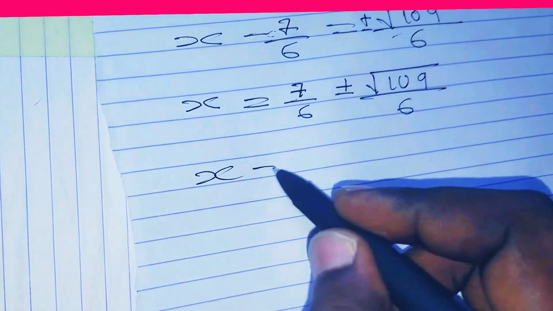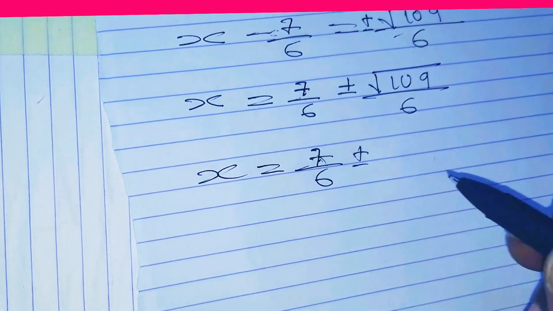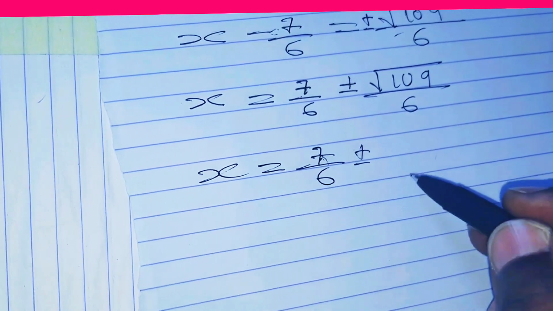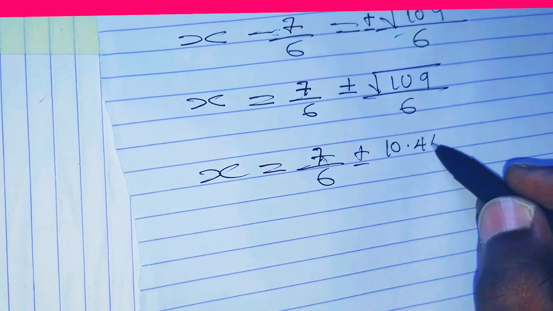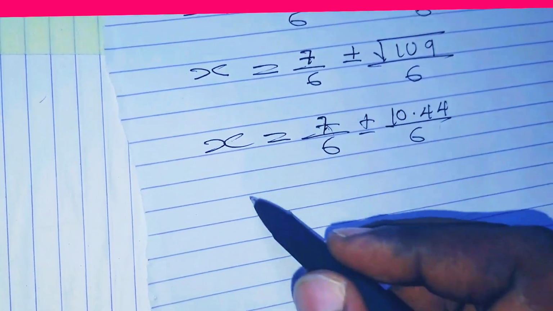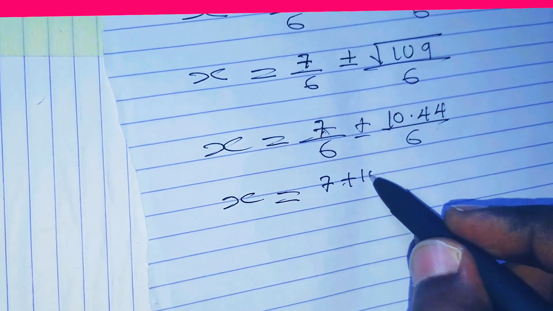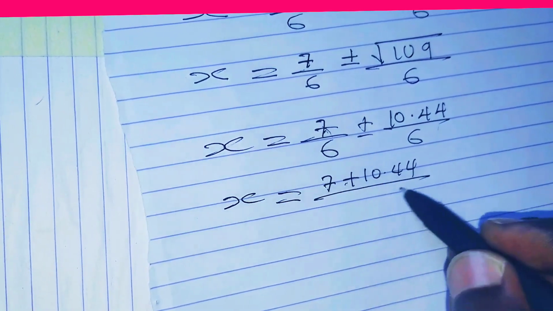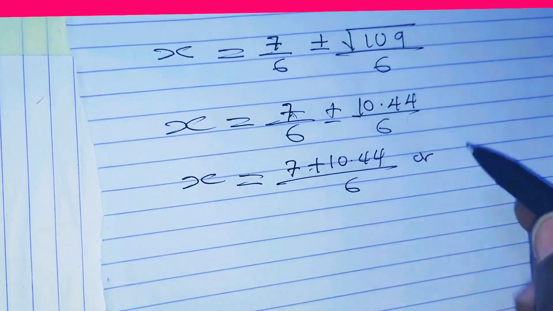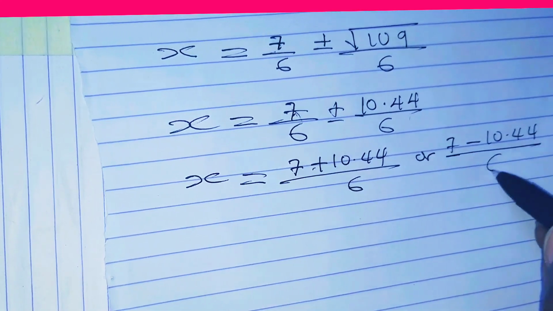Of course, this is going to be 7 over 6, plus or minus the square root of 109 is going to be 10.44 to 2 decimal places over 6. And of course, our values of x is going to be 7 plus 10.44 over 6, or 7 minus 10.44 over 6.